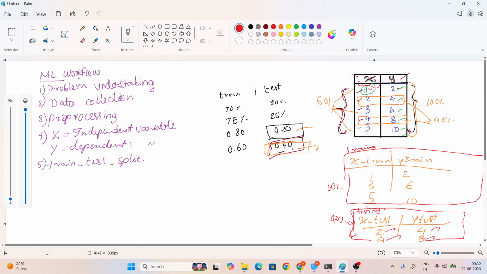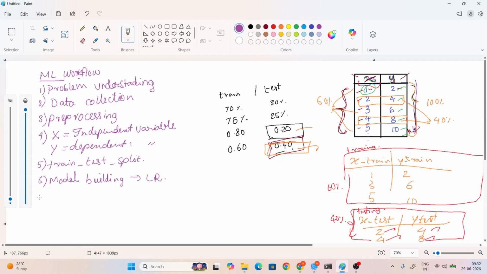Now we are doing the train test split, and the next one is model building. Model building means here we are applying the linear regression algorithm, because it depends on x and y and predicts a continuous numeric value. That is why we apply linear regression. Day by day we will see at least one algorithm, so today we see linear regression.